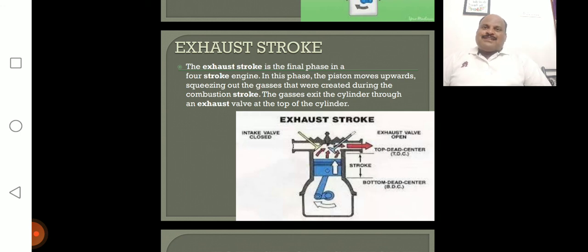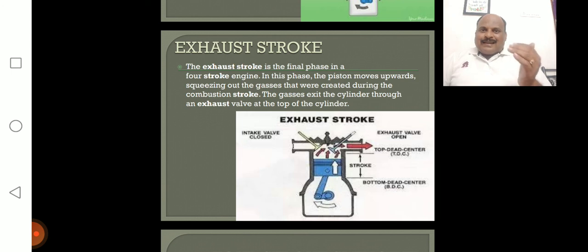Second stroke, compression. In the compression stroke, the piston is moving from BDC to TDC. At that time both valves are closed, the intake valve and the exhaust valve. The charge inside the cylinder is compressed by the piston as it moves upward, BDC to TDC.